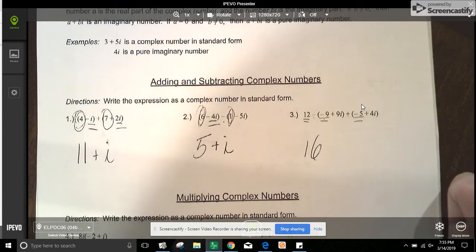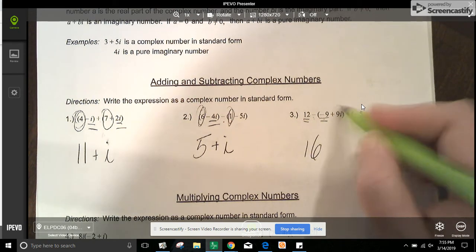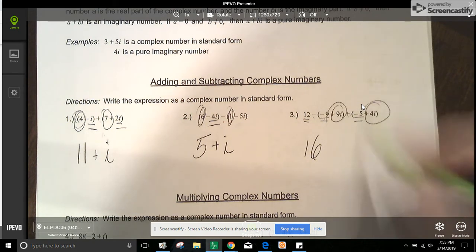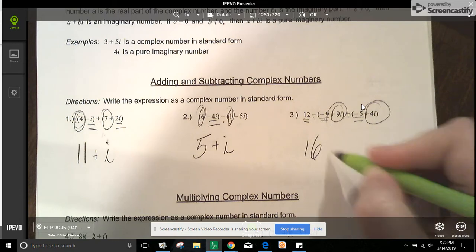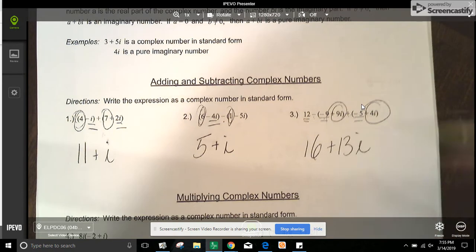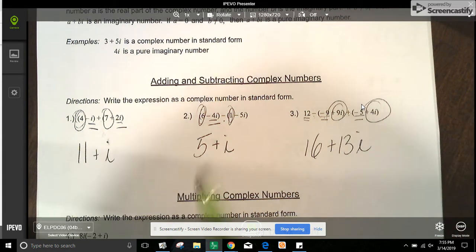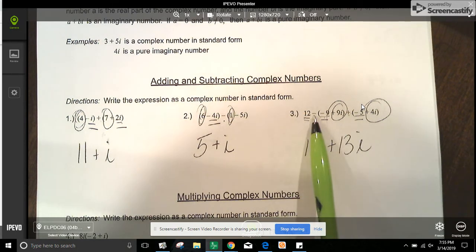Type it in your calculator. And then I have 9i plus 4i, which would be 13i. So basically, just put your i's together and your numbers without i's together, and then be careful if you're subtracting them with the double negatives. And that's it for adding and subtracting.